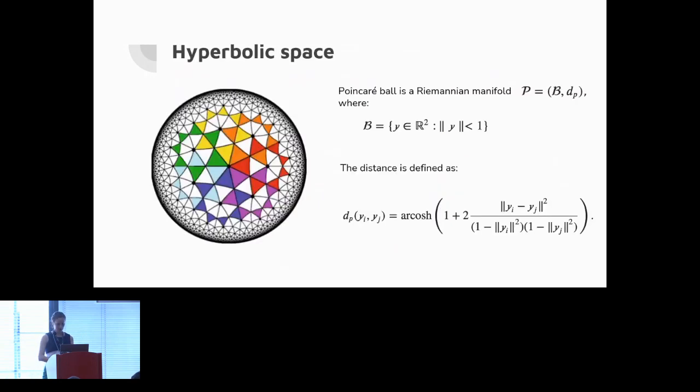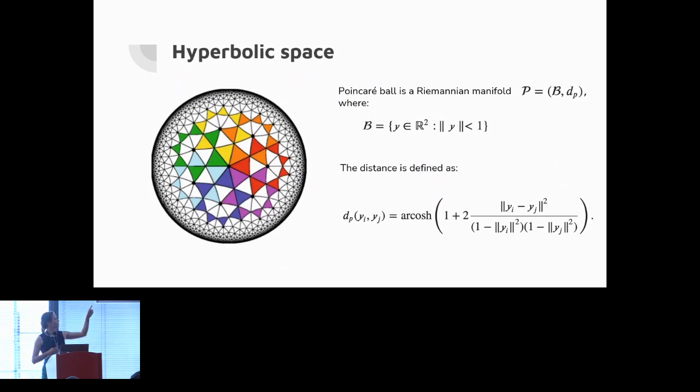So why hyperbolic space, and what is it? Poincaré hyperbolic space can be described by a Poincaré ball. It's a Riemannian manifold, so it's very smooth, so it's easy to manipulate. And there is a distance metric defined on it, which depends on the norm of the vector.